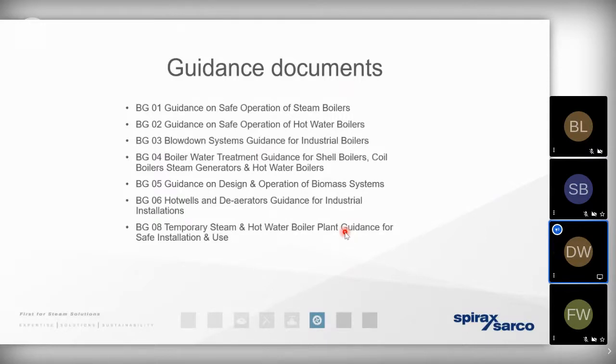The thing to bear in mind is these guidance documents focus on the safe operation of the steam boiler itself. That explains why there are so many different configurations of controls. It really depends upon what's important to the client and the process. But please remember, the Health and Safety Executive are only interested in the safe operation of the boiler.